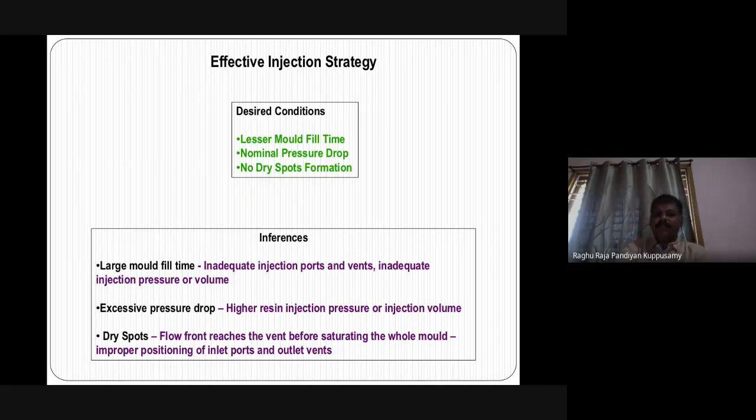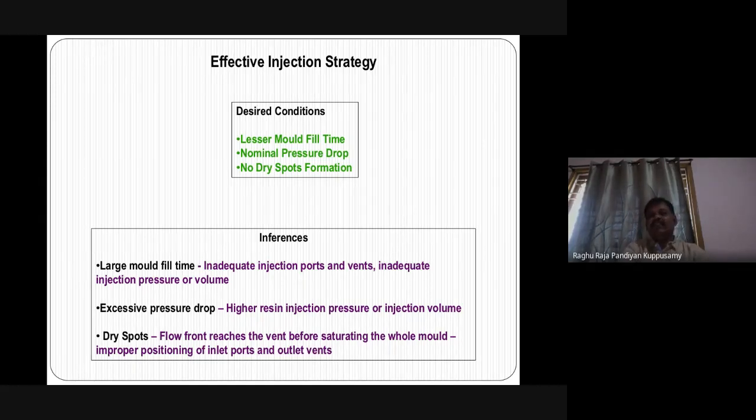Before I present the results, what are my desired conditions? When I want to fill the mold, I want a lesser mold fill time, because it is a direct function of process time. Then it should have a nominal pressure drop. We are not supposed to have a large pressure drop within the resin, because it will affect the mechanical design of the mold.